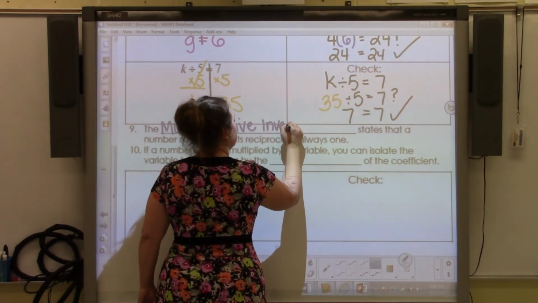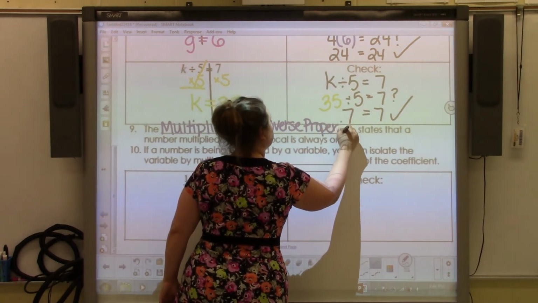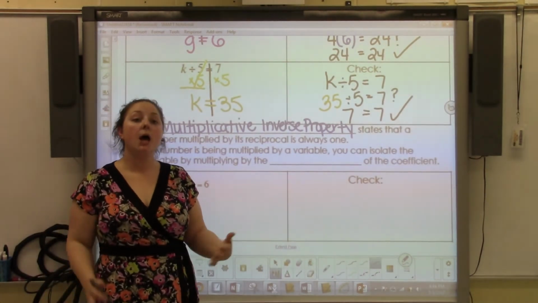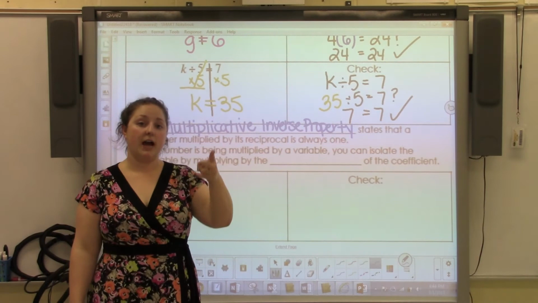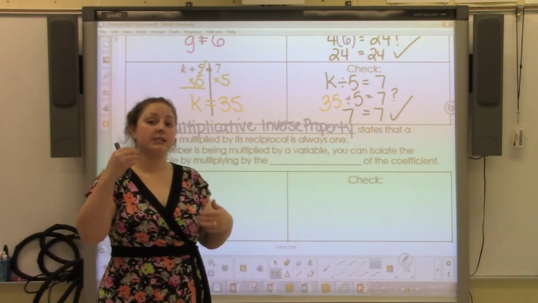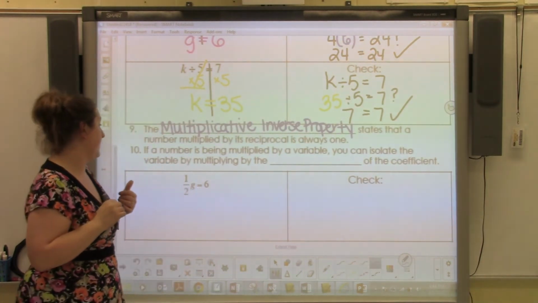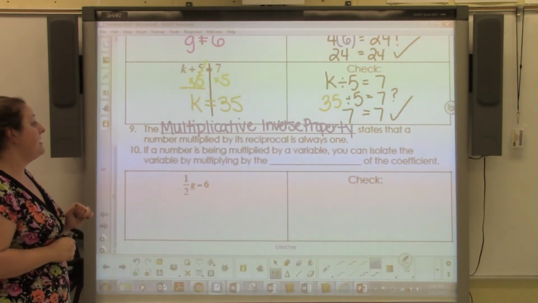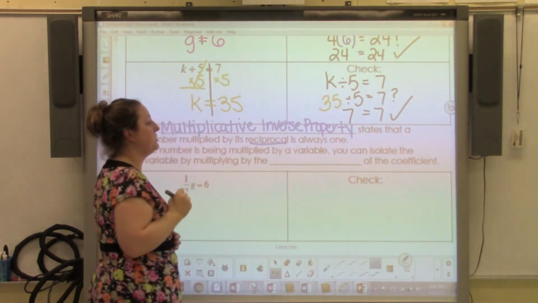When we talk about inverses, we don't just have inverse operations, but we have inverse fractions, where all we have to do is flip the fraction over. So if I have the fraction 3 over 5, the inverse is 5 over 3. We've quite literally switched the numerator and the denominator. So the multiplicative inverse property states that a number multiplied by its reciprocal is always 1.